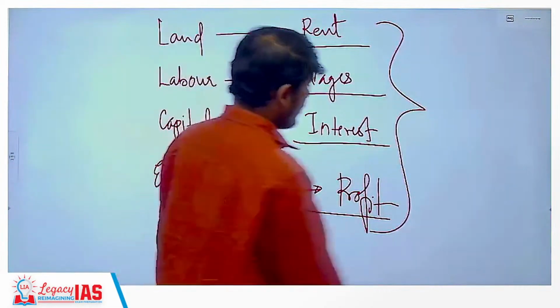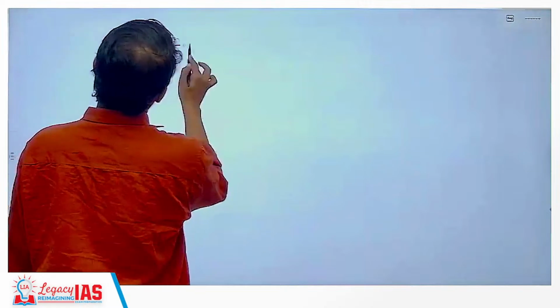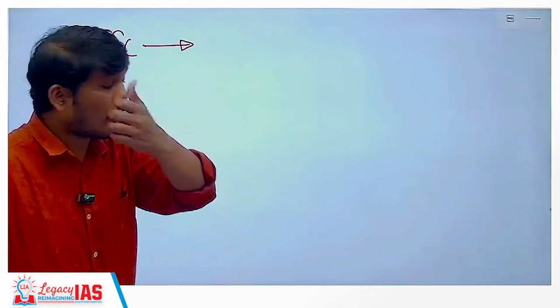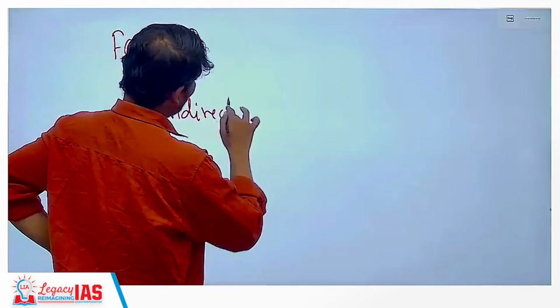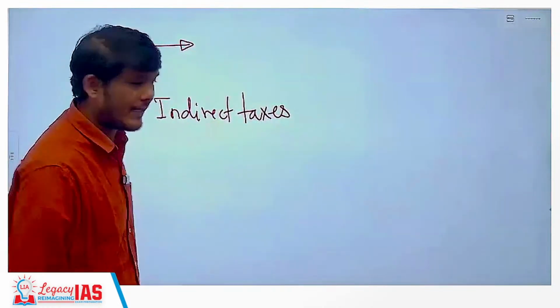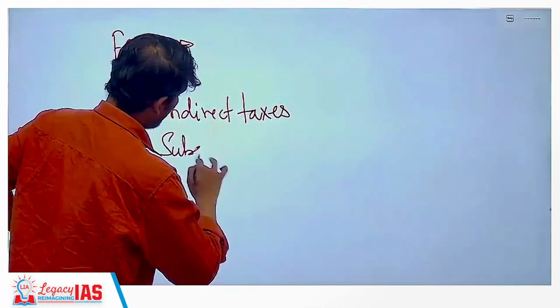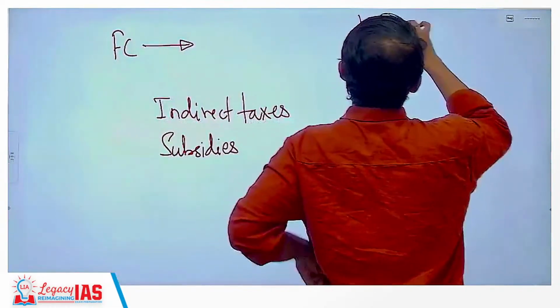Why? Because this factor cost which was there, the profit is there, but what is happening? We said this market price will have indirect taxes. Indirect taxes डाल दिया आपने, right? Plus subsidies भी डाल दिया आपने. So let's say a product is of 100 rupees.